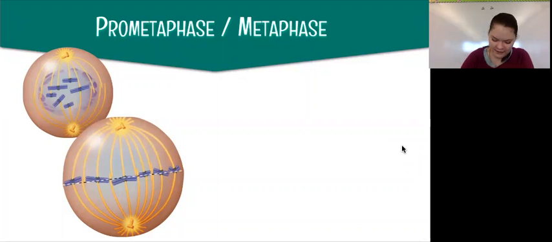And so what's going on here is that the centrioles are continuing to produce those protein fibers that I had just mentioned, and those are called spindle fibers.